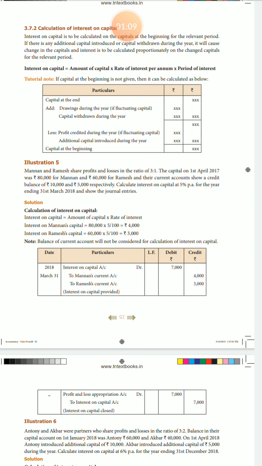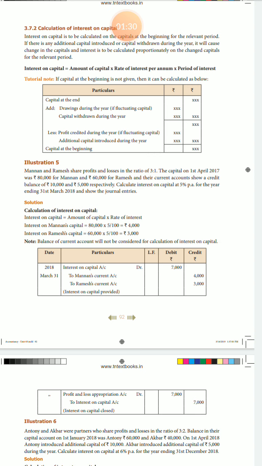The current accounts show credit balances of 10,000 and 5,000 respectively. Calculate the interest on capital at the rate of 5% for the year ending 31st March 2018. Show the journal entry.